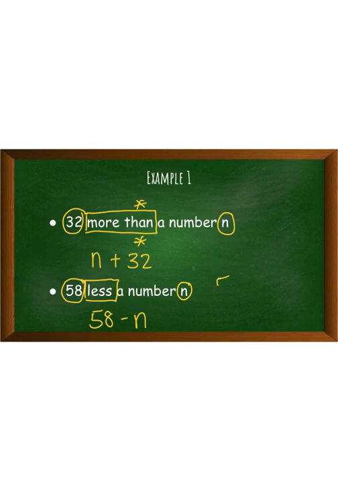If it said 58 less than a number n, in this case, it would be 58 after n, and then subtraction because it says less. 58 less than a number n, okay? n minus 58.